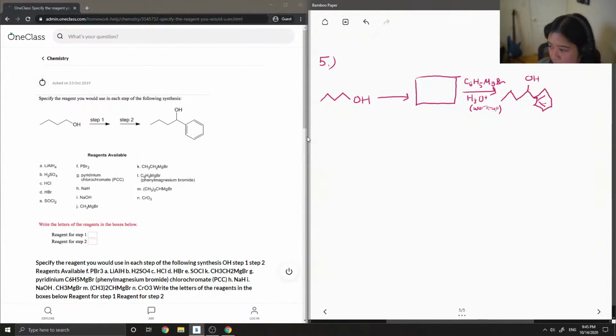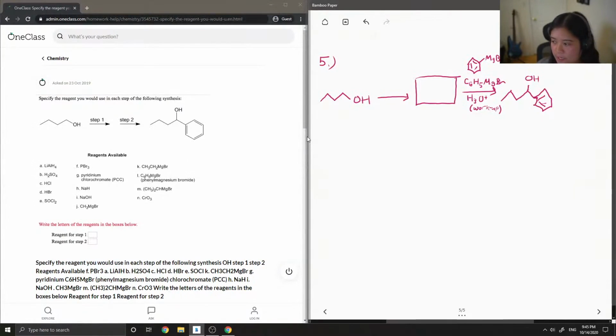Just to get a feel of what this compound looks like, it's basically this phenyl group that has the magnesium bromide attached to that. Okay, so we know that this is what we need in the second step.